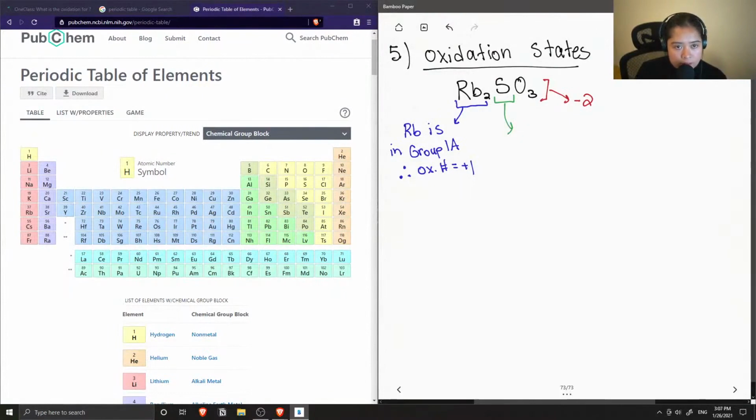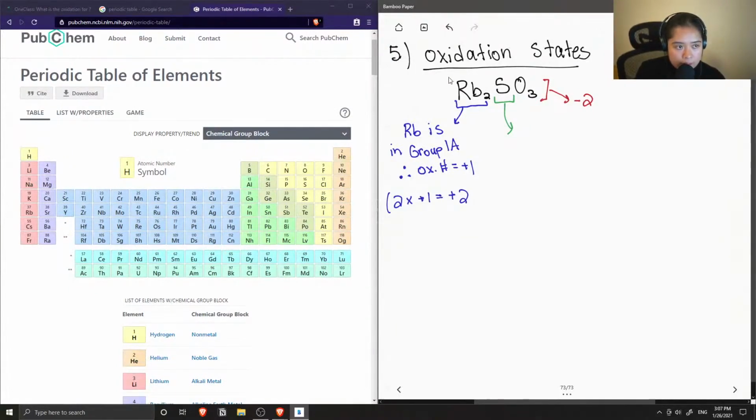So first, let's look at our two oxidation states that are given. We know that for rubidium, it has an oxidation state of +1. So when we have 2 atoms of rubidium, 2 times +1 is equal to +2.